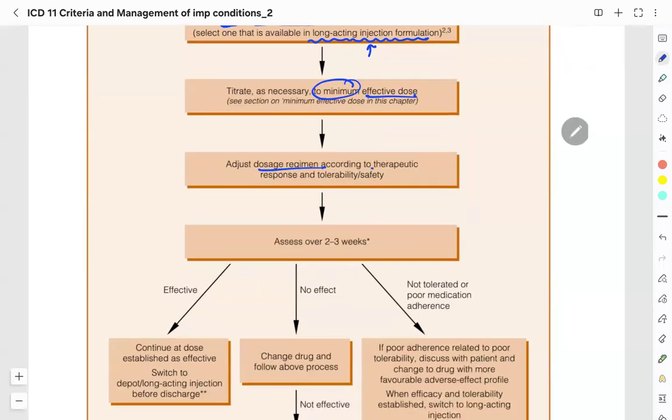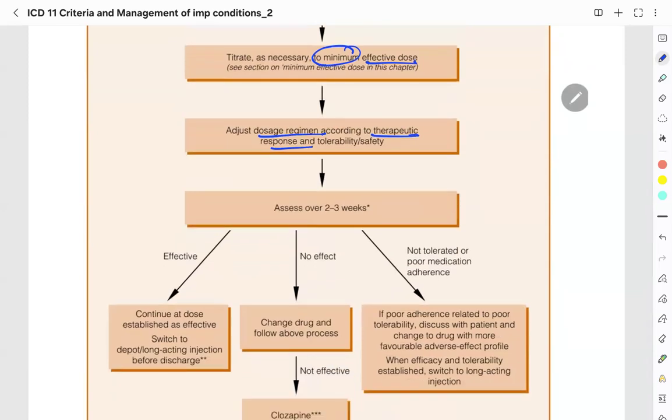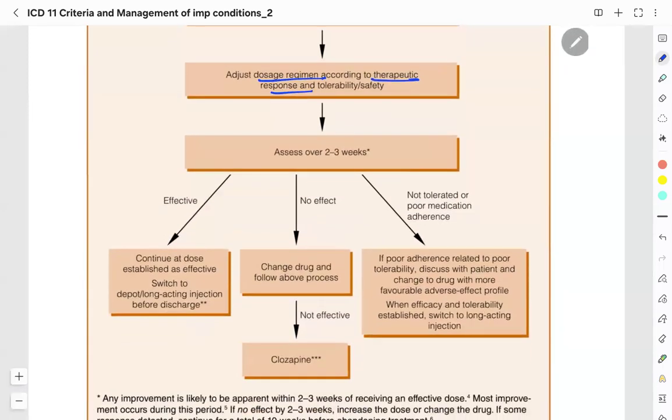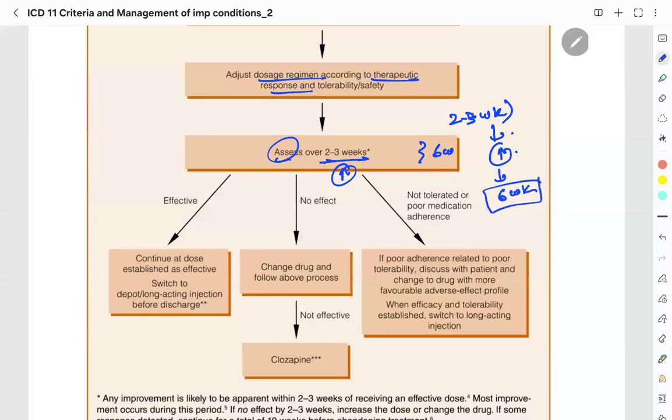Adjust the dose according to response and tolerance, and assess over 2 to 3 weeks in the first episode. Usually we assess them for 2 to 3 weeks, then adjust the dose, for example increase it, and assess for the next 2 to 3 weeks. So at least 6 weeks on the same antipsychotic.